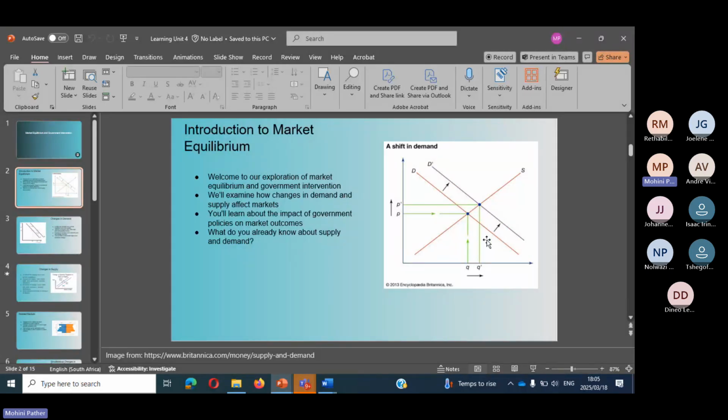Otherwise, if there is any other change, if there's a change in taste or preferences, in income, if your substitute product gets cheaper, if your complementary good gets more expensive, you will find all of this in chapter 4 as well in your textbook.